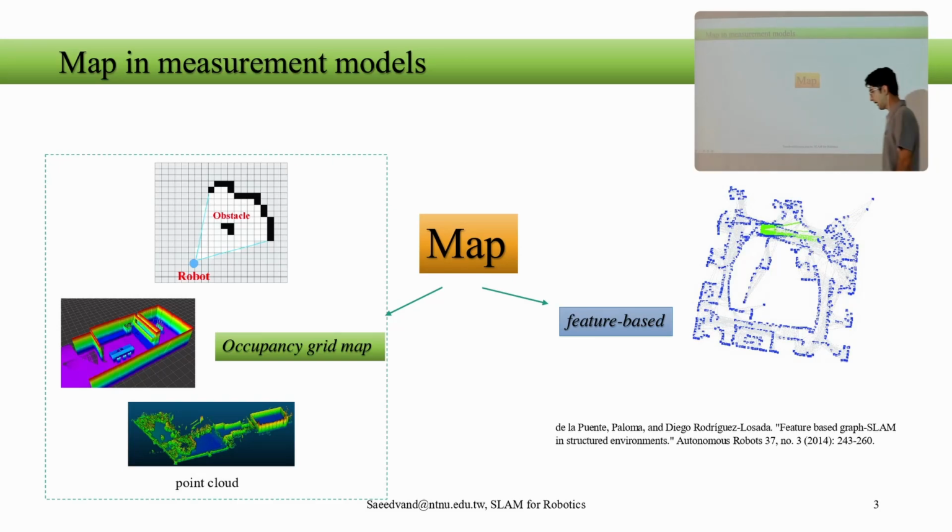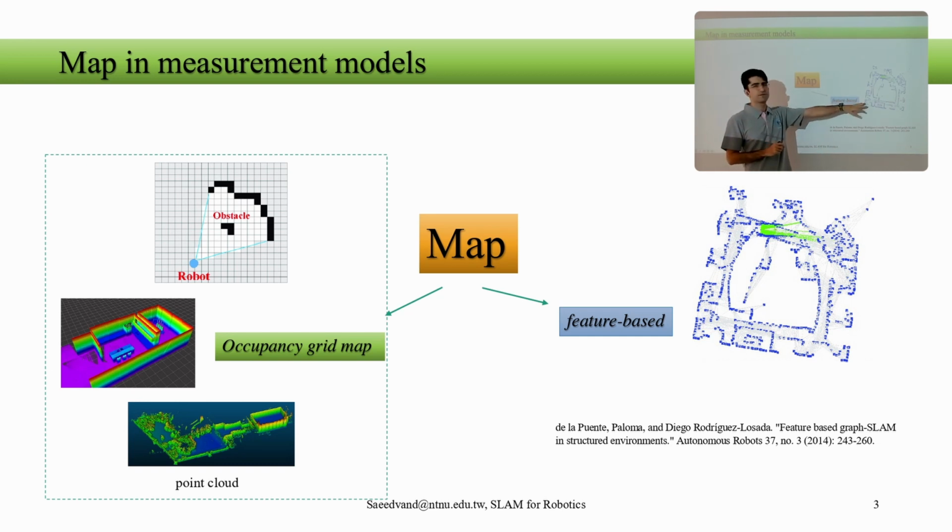First of all, let's have a look at what the map was. If we talk about the map, we can say we have feature-based maps. In feature-based maps, our sensor model extracts features of the environment. For example, you have a camera, the robot camera looks at the environment, and with that camera you extract some features. Or you have a LiDAR scanner, you scan the environment, or an RGBD camera that can give both the pixels and the distance of each pixel.